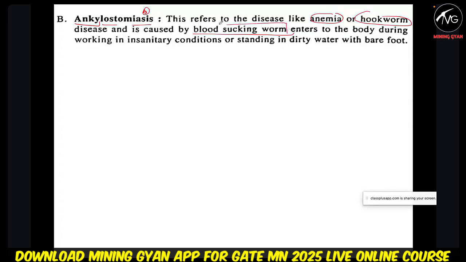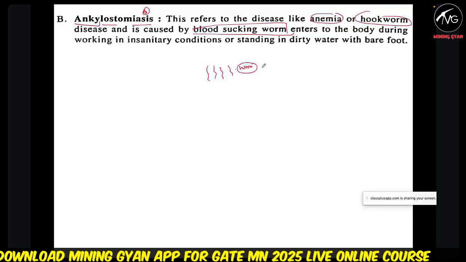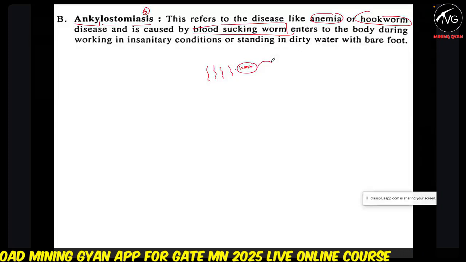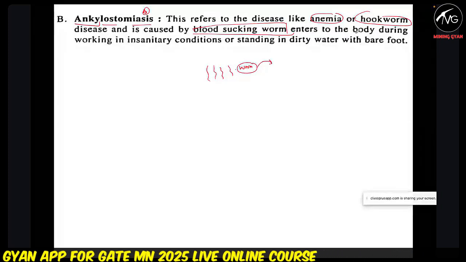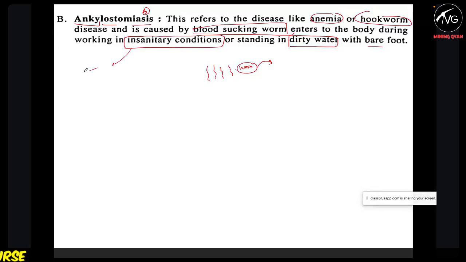That means अरे यार कोई एक कीड़ा or any type of small animal or small worm, you say worm. So a small worm will enter your body if you are standing in dirty water, barefoot, or in unsanitary conditions, because in the mines area you will see the bathroom is not clean, as a lot of people go there but it is not cleaned on time.